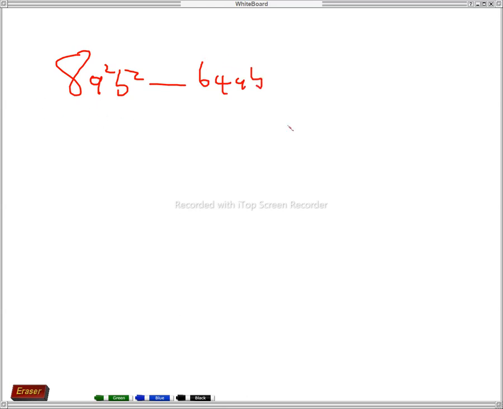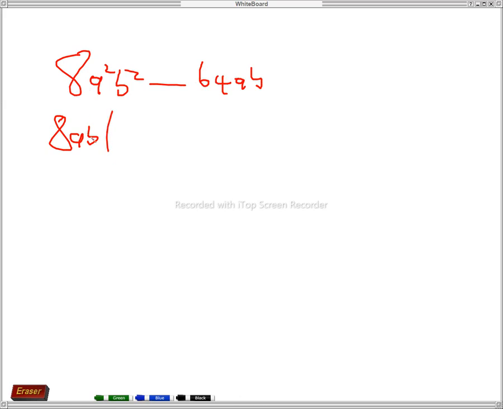In this case, let's check if 64 is divisible by 8. Yes, it's divisible. So I'm just going to say 8ab is my common factor, because I have ab on this side, and I also have ab on this side.